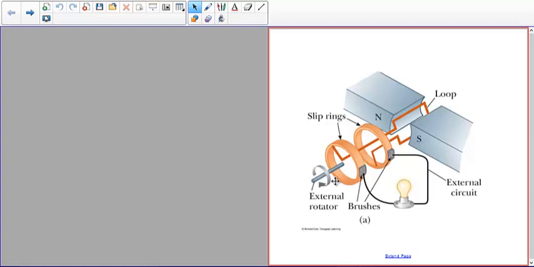Okay, so this looks kind of like when we had the motor, right? With an electric motor, you run current through a loop, and the current in the loop interacts with the magnetic field due to the magnets, and that gives you a torque on the loop.